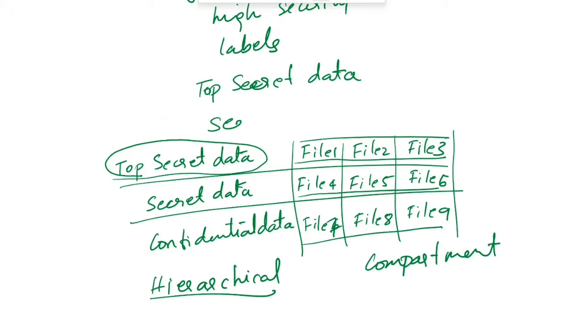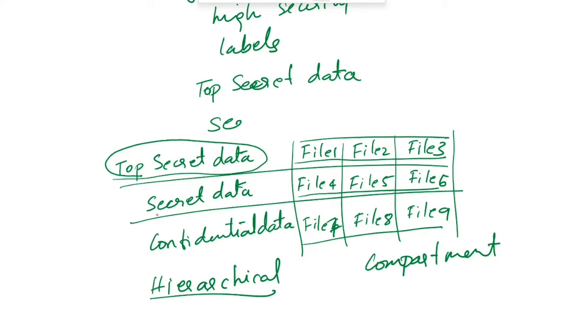So if you have top secret level clearance, it will grant access to all the top secret data as well as secret and confidential data. That means if you have clearance in one level, then it grants you access to the subjects in that level as well as the lower levels. But you cannot access the higher level or upper level subjects.